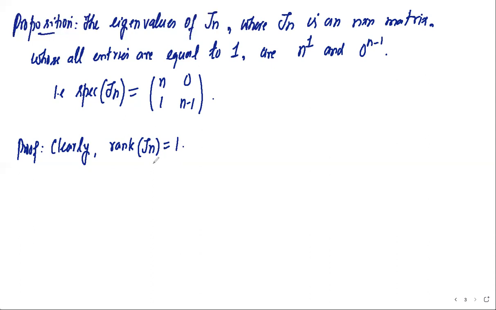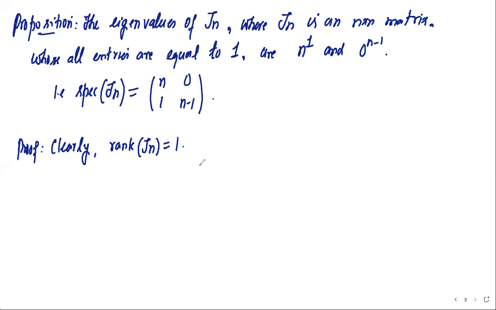In just one step, the new matrix so obtained will have only the first row non-zero, and all the remaining rows will be made into 0. So therefore, the rank of this Jn is always equal to 1.